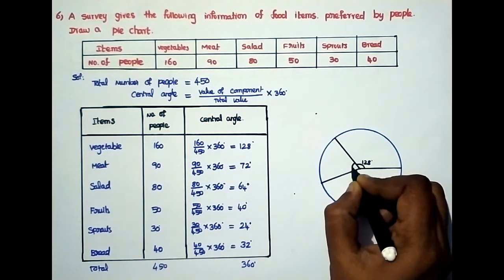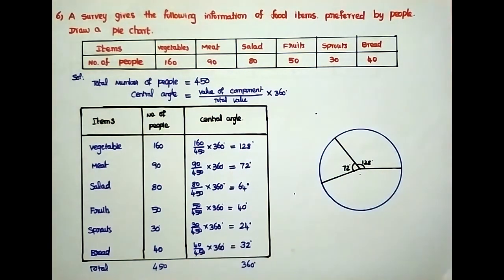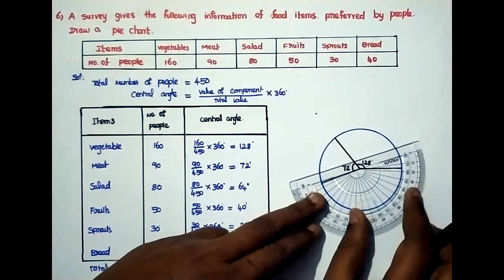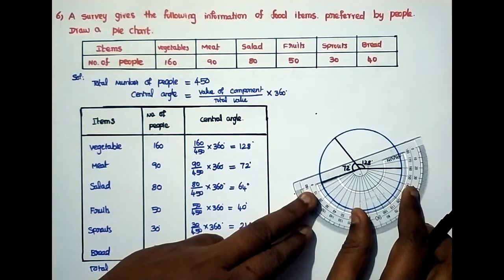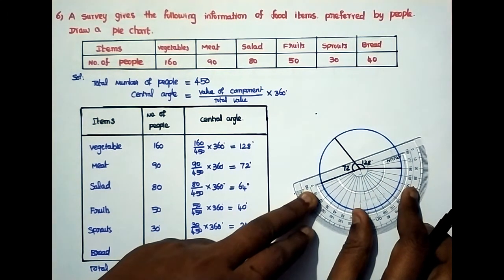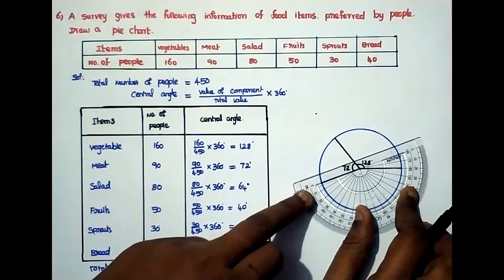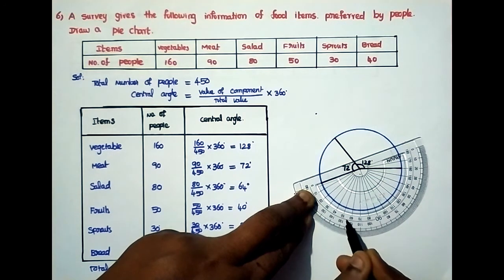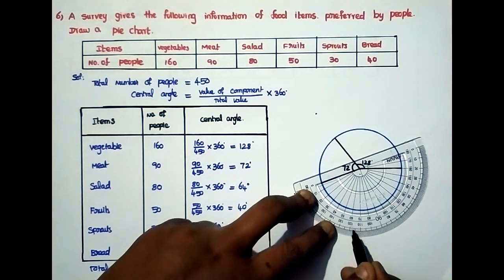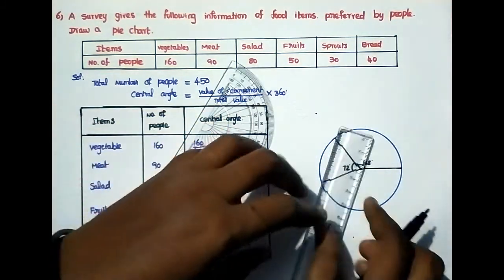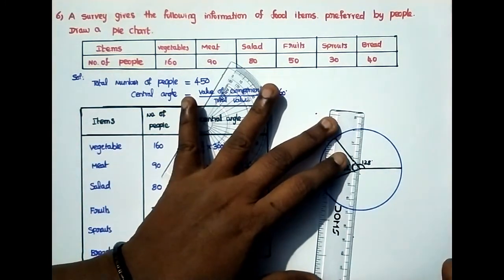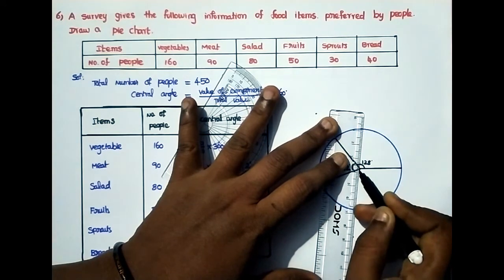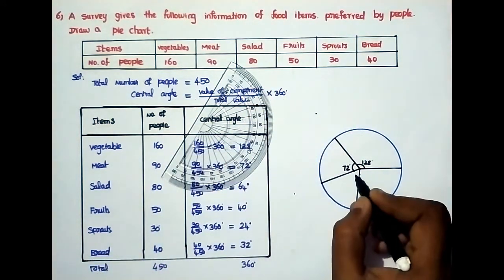Next, from the line we have to measure 64 degree. So 0, 10, 20, 30, 40, 50, 60 here, and then 4 points. So 64 here. Draw the line. That is 64.